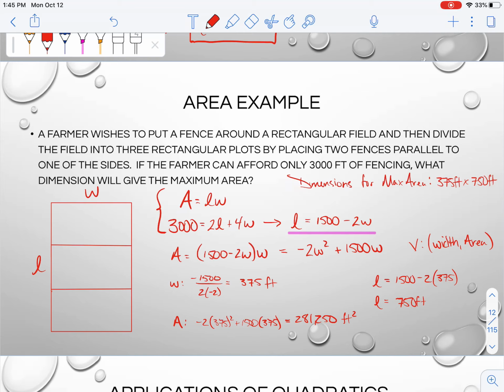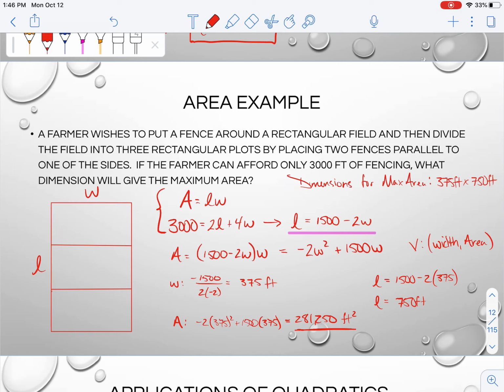Now the one thing, if you go back and look at the question here, I only was asked to find the dimensions that give me the max area. So I never really actually had to find the max area itself, okay? This gives me, again, the dimensions of my width of 375 by my length of 750.